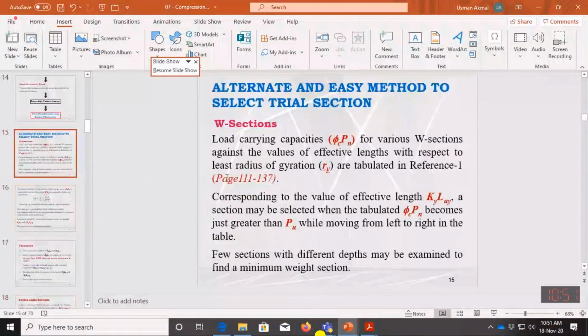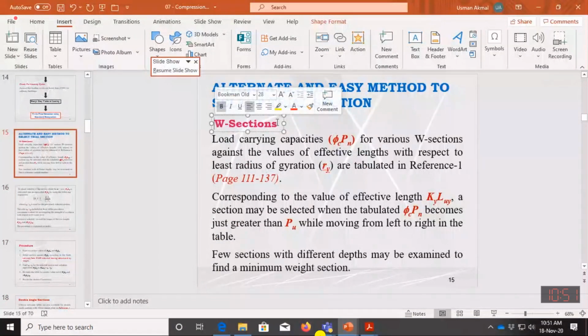So tables are provided from page number 111 to 137. And these pages are referred to as a W section table for compression member or column selection table assuming W section.